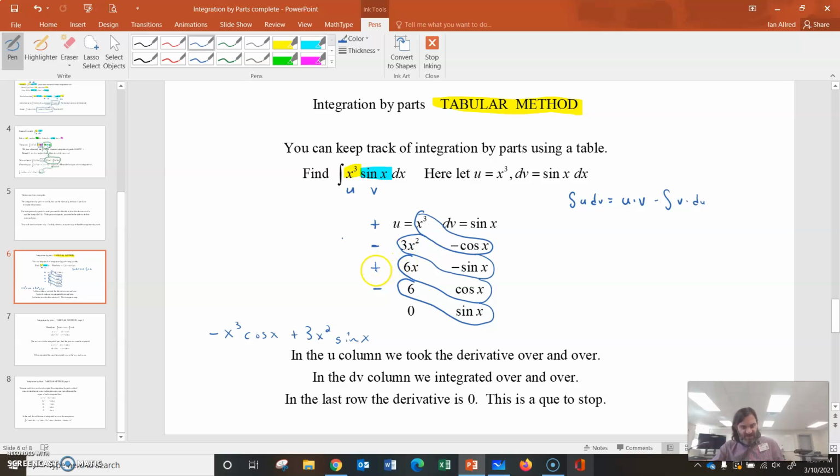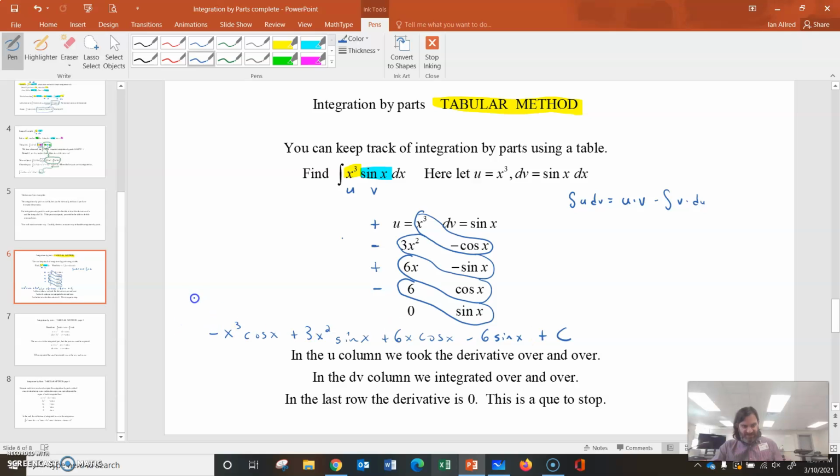The next one will be a positive 6x cosine of x. And the next one will be negative 6 sine, so minus 6 sine of x. We got messy again. And this thing should pick up a plus c at the end.